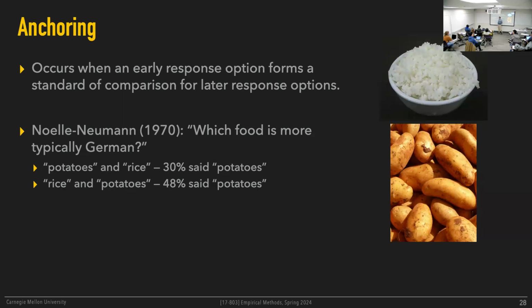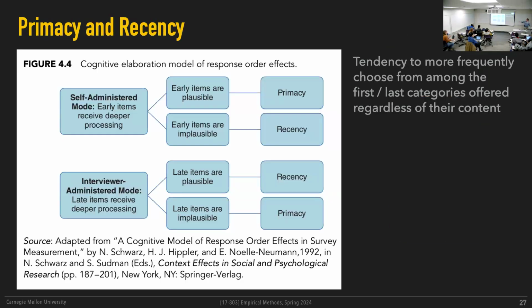So is the argument in surveys or in interviews that later options will receive higher weight? Right, so this is where it gets subtle, and I don't know that I can do it justice. It can be either or.